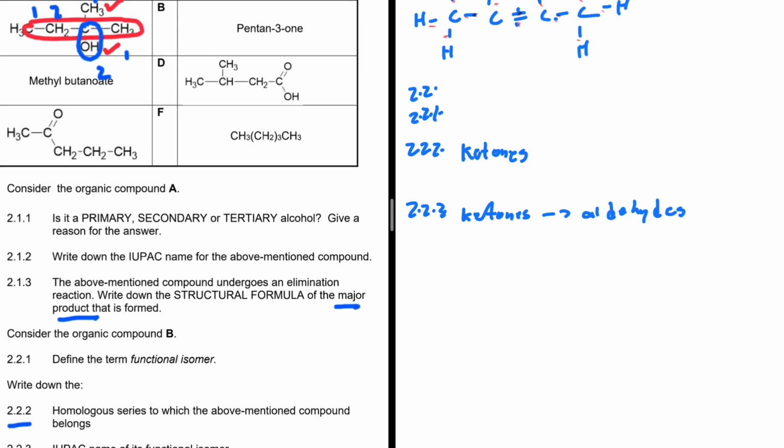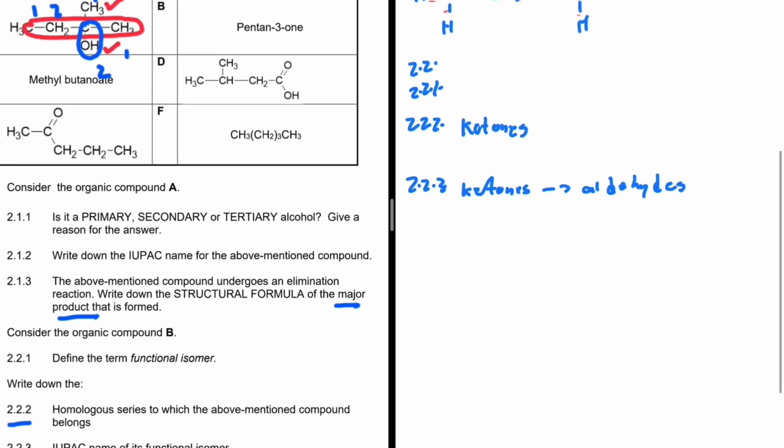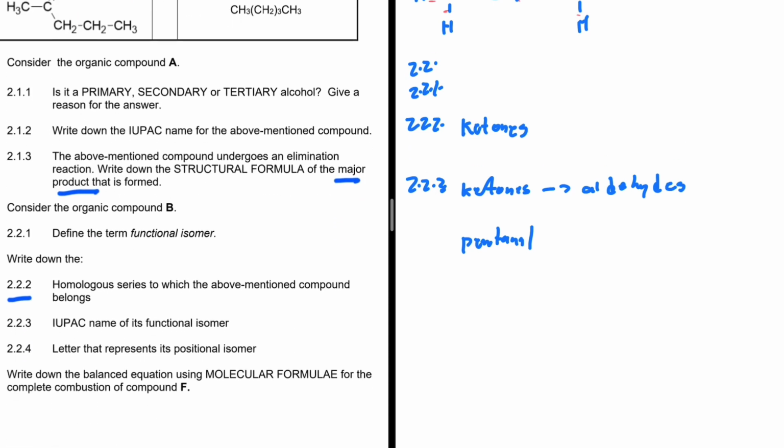So here we have pentan-3-one. The aldehyde that we're looking for is pentanal. Pentanal and pentan-3-one are functional isomers.